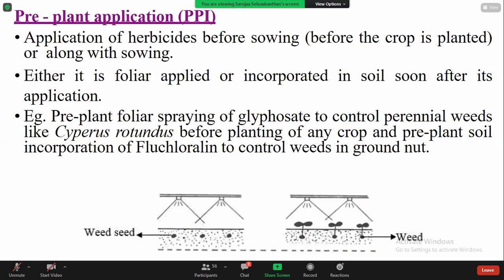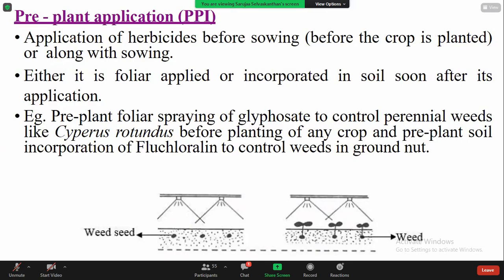Either it is foliar applied or incorporated into the soil soon after application. After application, it is incorporated with the soil. Here is an example: pre-plant foliar spraying of glyphosate to control perennial weeds like Cyperus rotundus.